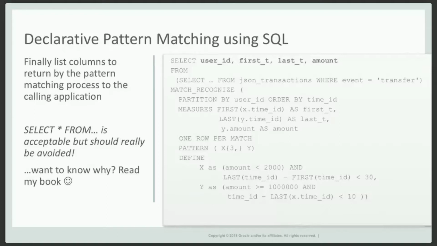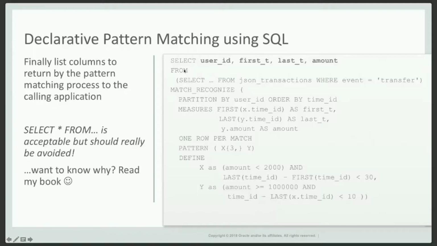Now, the next bit is that match recognize is going to return data, in this case the columns that I've outlined here in my measures, to my select clause. So they are now going to be the columns that I can select from.